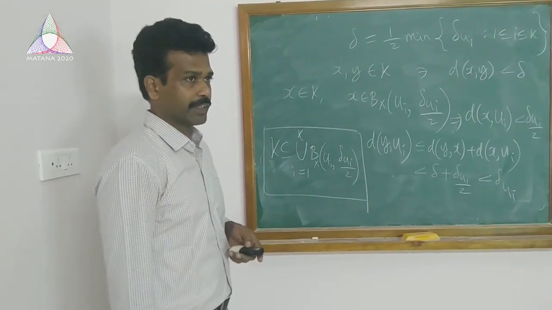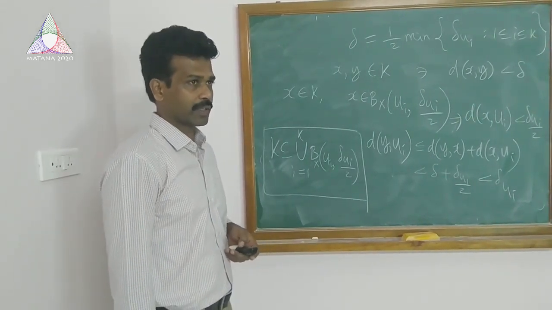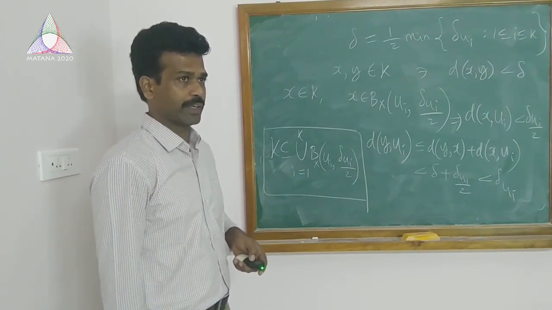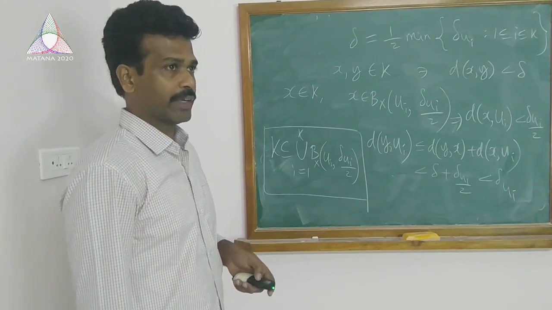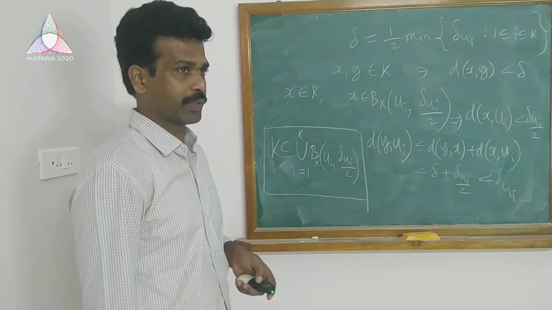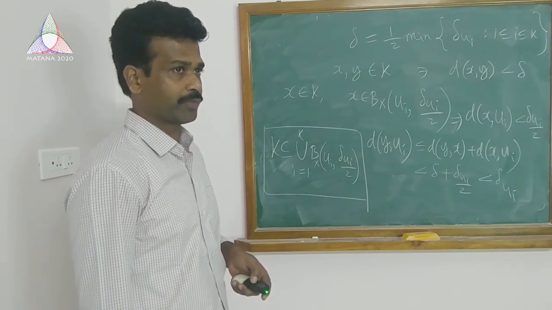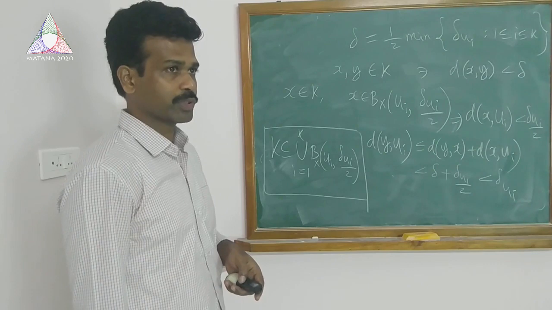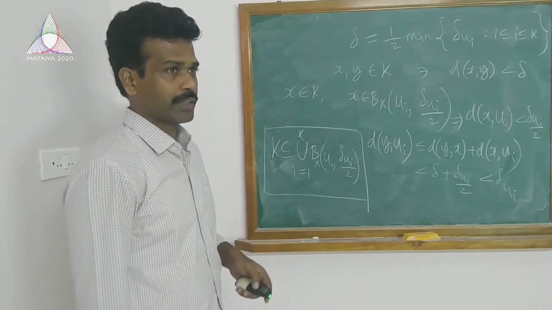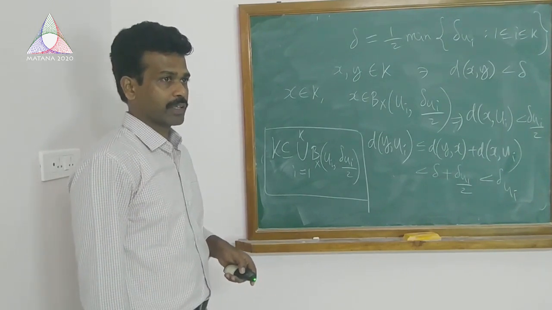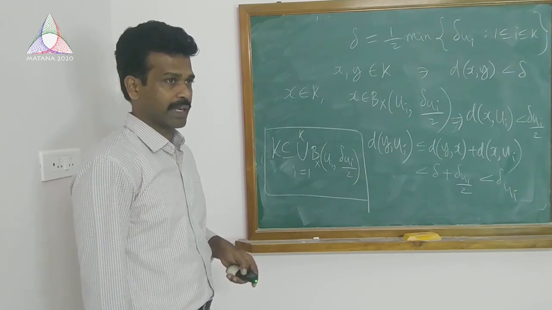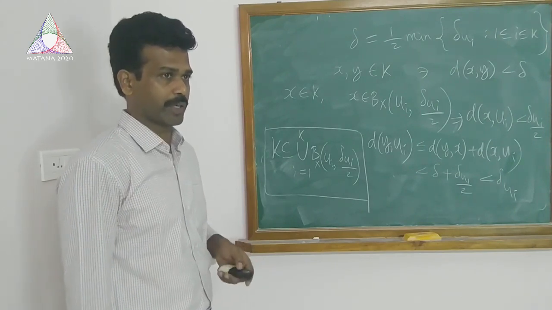Since the function is continuous on the set K, for every u we can find delta u such that for every x in K, d of x comma u less than delta u implies rho of f of x, f of u less than epsilon by 2. We use this relation twice, then we get rho of f of x, f of u_i is less than epsilon by 2, and rho of f of y, f of u_i is also less than epsilon by 2.